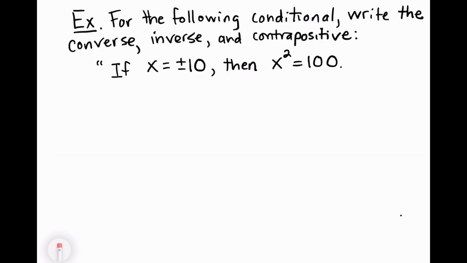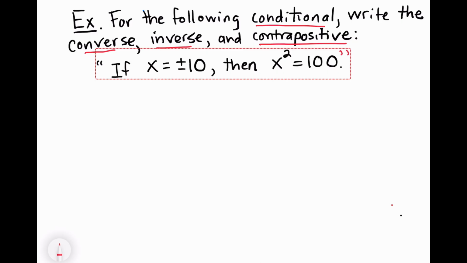Let's do another quick example. For the following conditional, we want to write the converse and the inverse and the contrapositive. So the conditional is if x is equal to positive or negative 10, then x squared is equal to 100.